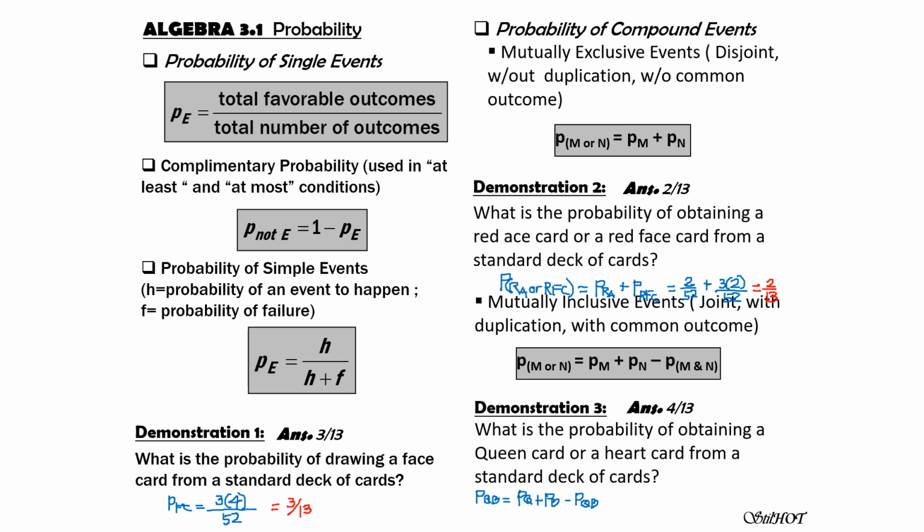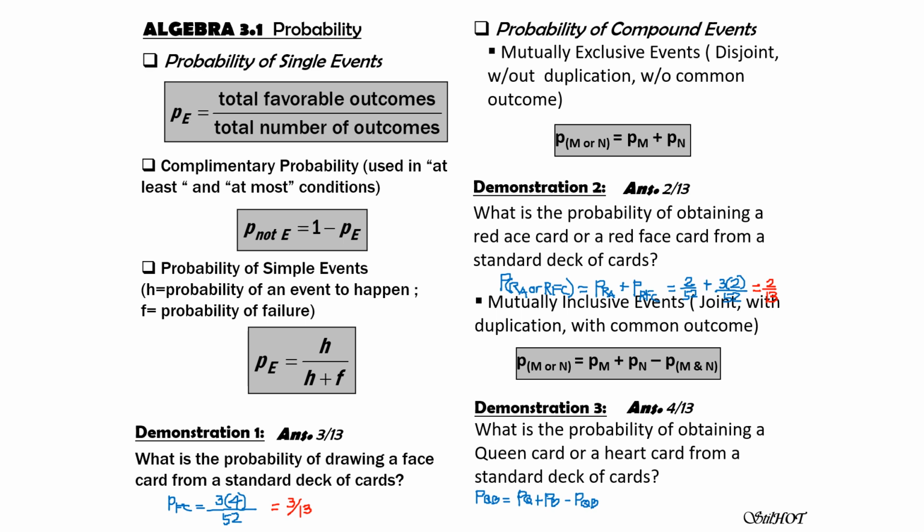Then there will be 3 queen cards left: queen diamond, queen club, and queen spade. So there will be 3 queen cards to be considered after we disregard the queen heart card. So by common sense, 12 heart cards excluding queen heart card, then 3 queen cards left.